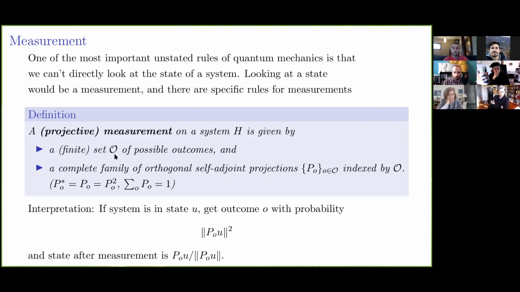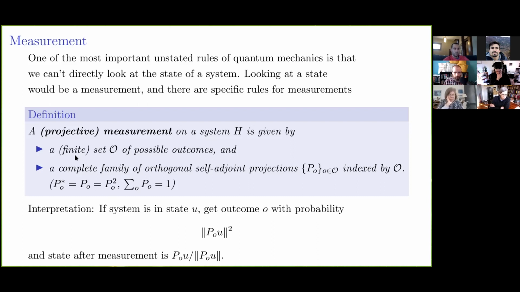I always think of it like there's some box with a screen and a button on it, and you hit the button to perform the measurement, and then the result flashes on the screen. So the outcome would either be a 0 flashing on the screen or a 1 flashing on the screen. And that would be the outcome of the measurement. Thank you.